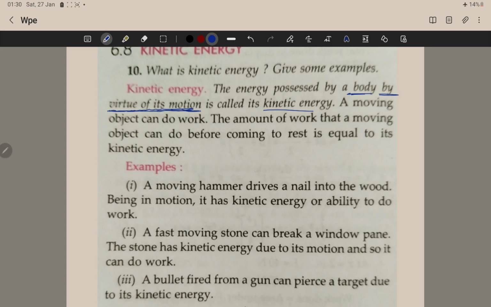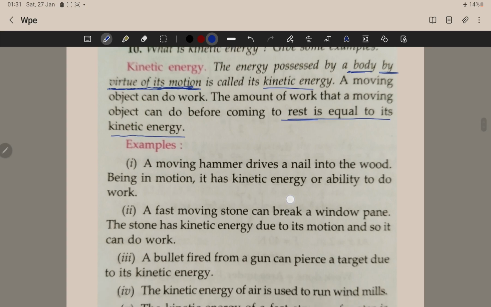That is a simple definition. A moving object can do work. The amount of work that a moving object can do before coming to rest is equal to its kinetic energy.